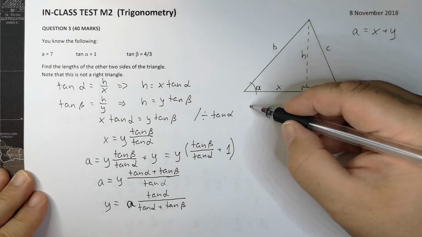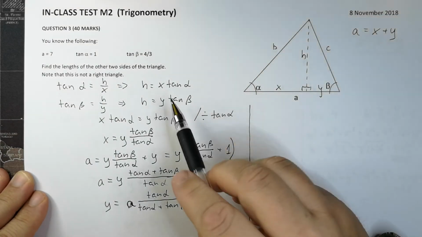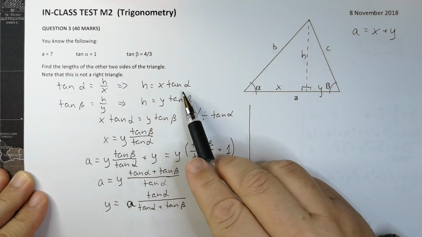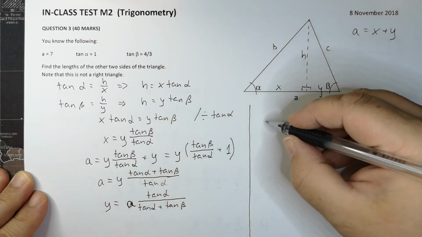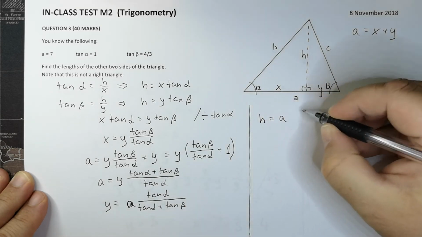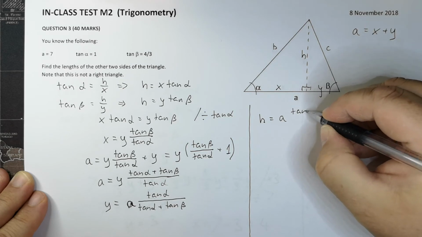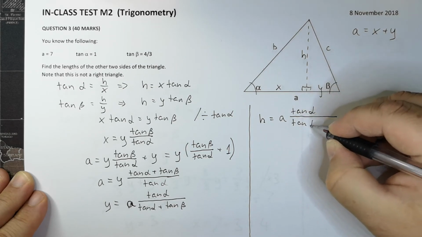The next step, as we did previously, will be to find the h. We can't use this formula because we only have y at the moment, so it has to be this formula. So h equals, we have the expression for y, so it's a tangent alpha over tangent alpha plus tangent beta.